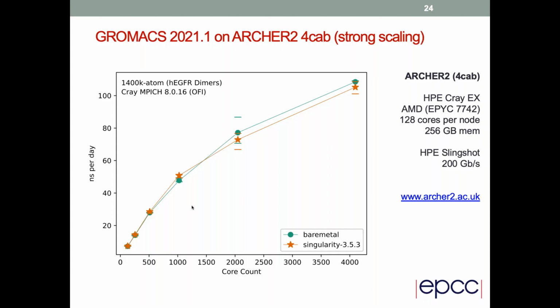So we see there's quite a lot of overlap in the results, which leads you to believe there isn't much difference between bare metal and Singularity, and indeed on a few occasions the Singularity does lead, but that's just artificial. I think if I was to run things enough times, I would get greater convergence still between the two sets of results.